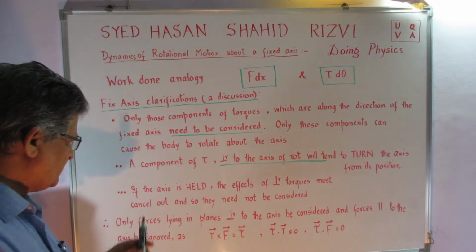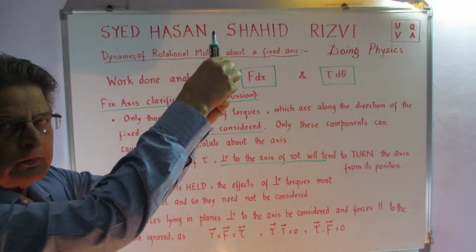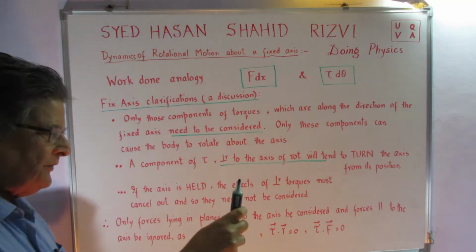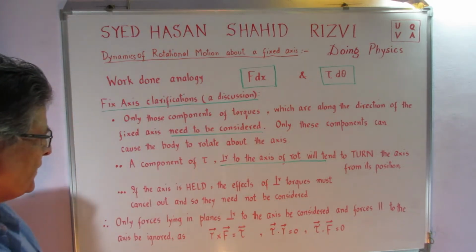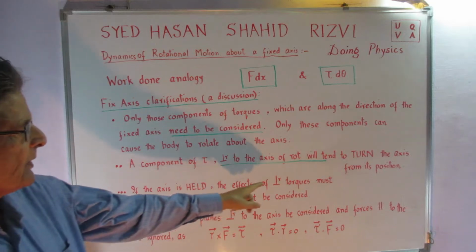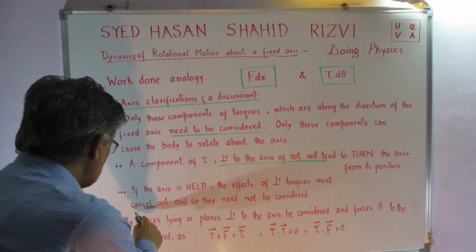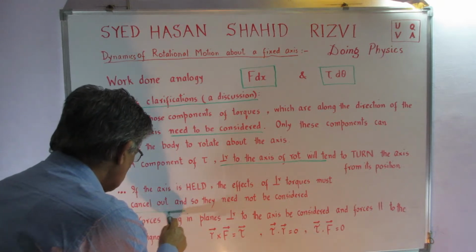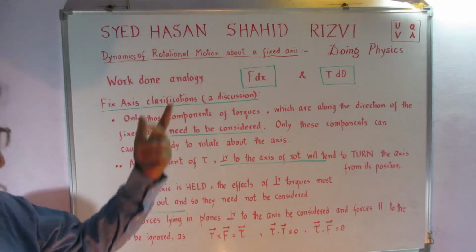Now, if we want to hold the axis in its position, and if the axis of rotation is held in this position, the effects of perpendicular torques must cancel out each other, so that they need not be considered.